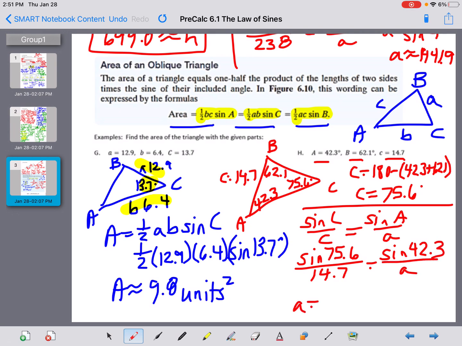So a is going to be 14.7 times the sine of 42.3, all divided by the sine of 75.6. Run that through my calculator, and I get 10.2.